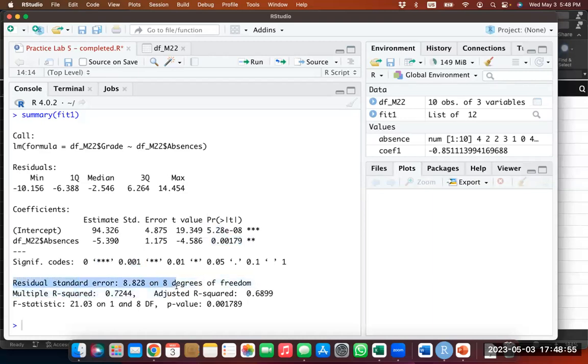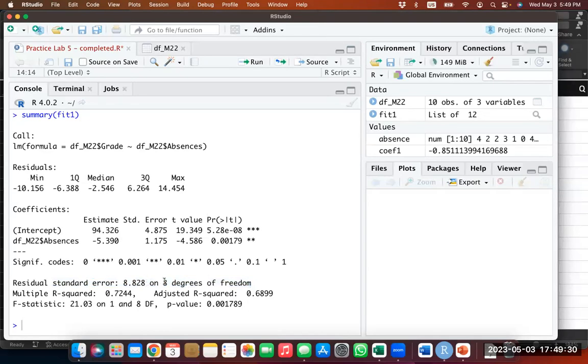The residual standard error is shown here based on the overall model, on the overall predictive accuracy of the model. It is 8.828 on 8 degrees of freedom. And we know the degrees of freedom in a regression is calculated from the total number of entries, which is 10 for our example, because we have 10 observations in df over 3 variables.